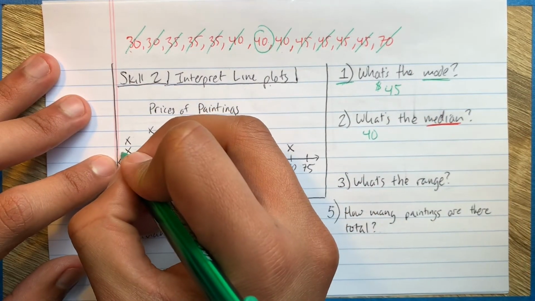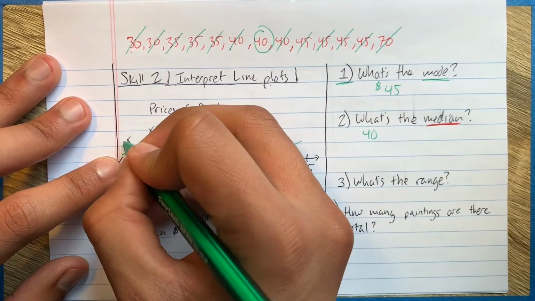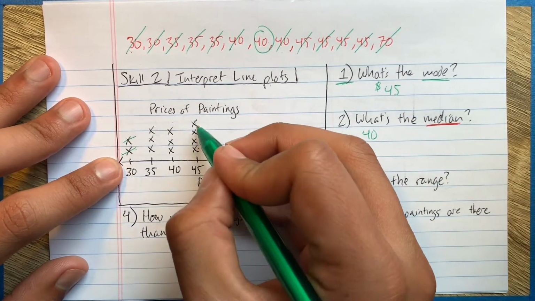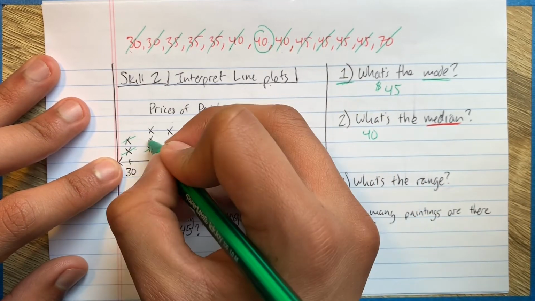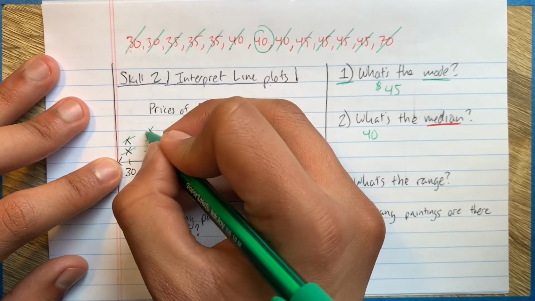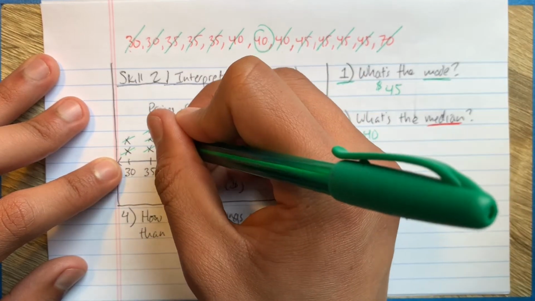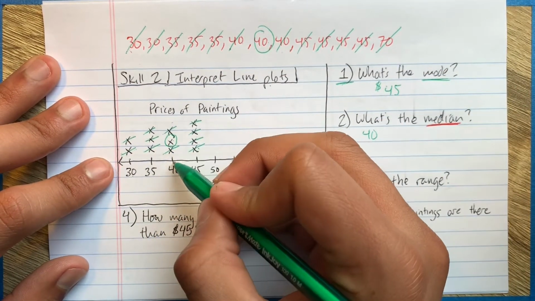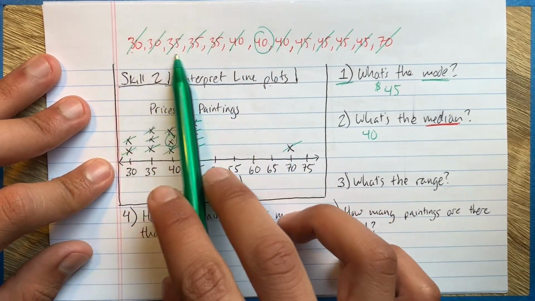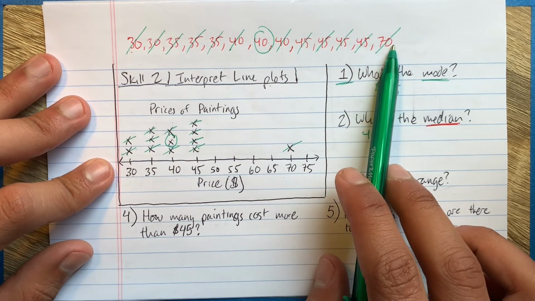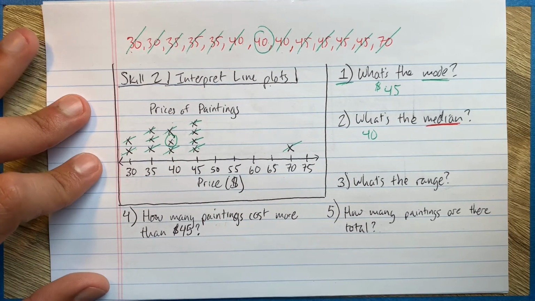So we're going to start by crossing off one of the least values of our x's, and then our highest value, our lowest, and the next highest, and we're going to keep this going, and we've arrived at the middle x, which is also 40. So as you can see, that's 2 different ways to do it. You can write out the number of x's as individual numbers and find the middle number, or you can just cross the numbers off within your actual line plot.